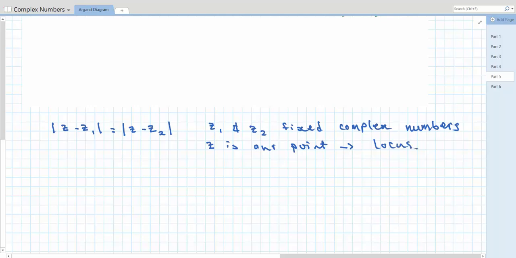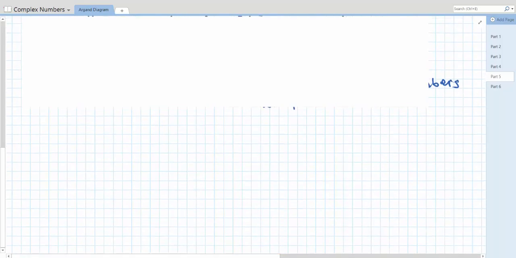Okay, so if we're thinking about this in terms of distances, I want you to think back to our normal graphing.